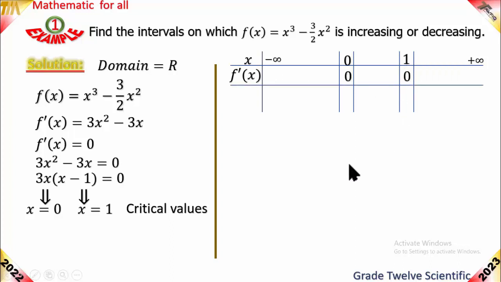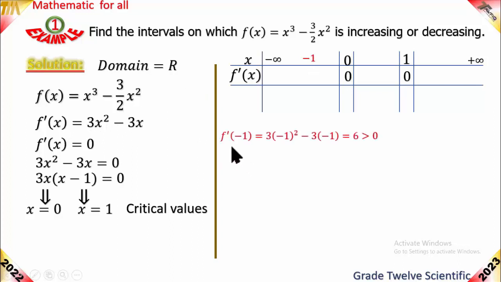And now let us take a number from minus infinity to 0. Take the nearest point to 0, which means minus 1, and replace minus 1 in the derivative of the function.